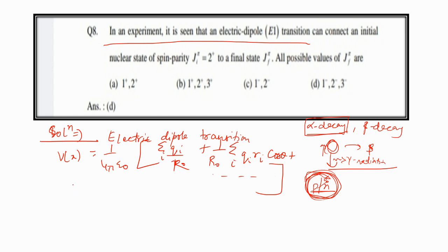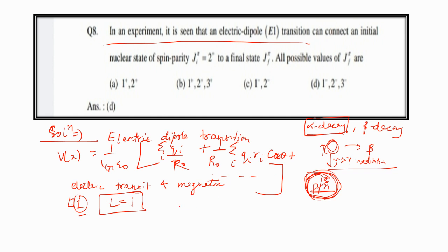Now this potential will contain both electric and magnetic transitions. But in this question, we are asked for the electric dipole transition, and it is given E1. 1 means L is equal to 1, orbital angular momentum is 1.